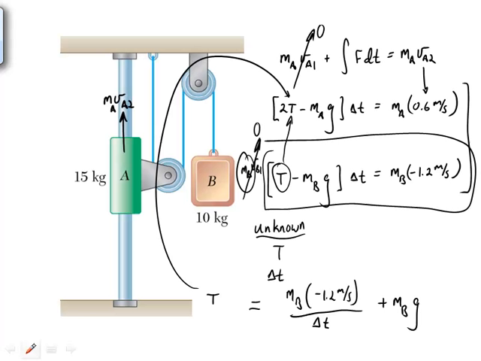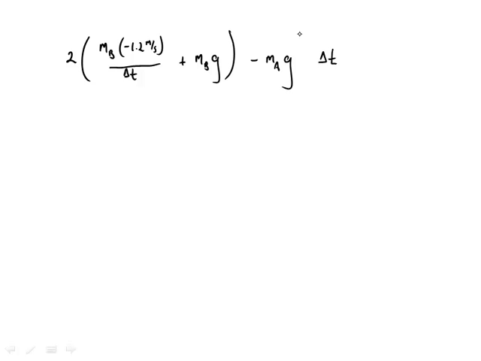And so I get 2 times tension, m sub B times minus 1.2 meters per second, all over delta t, plus m sub B g, minus m sub A g, all of this times delta t, and that's going to equal the mass of A times the velocity of A, which was 0.6 meters per second.